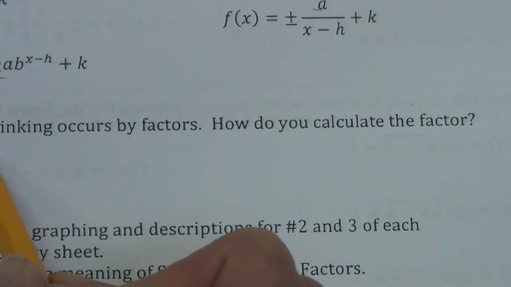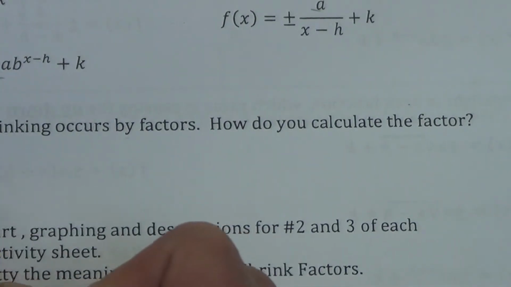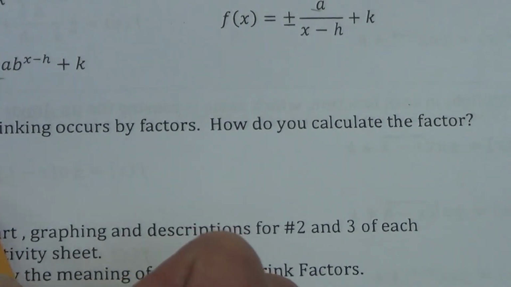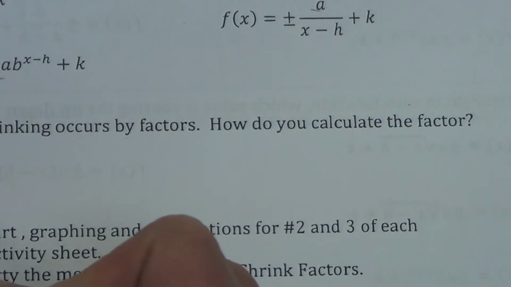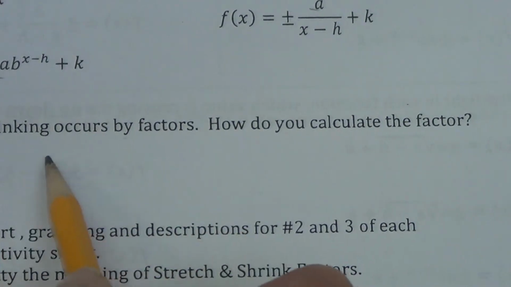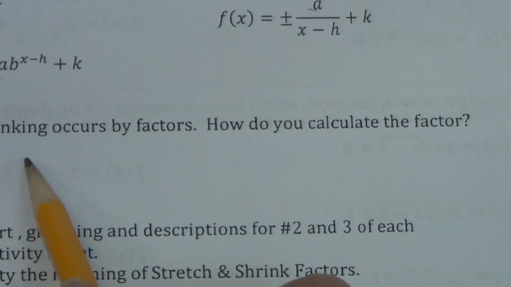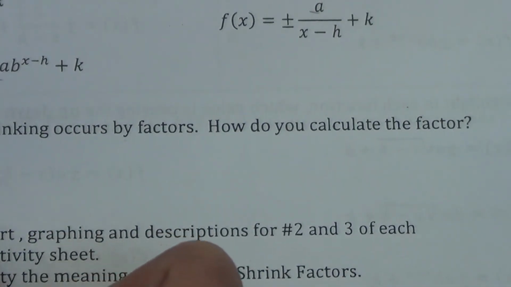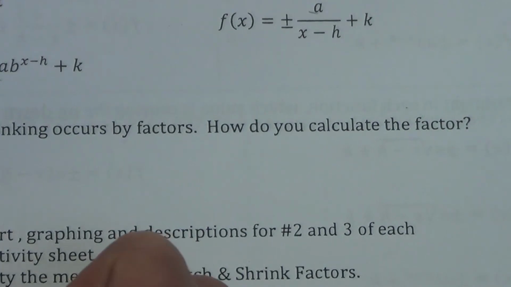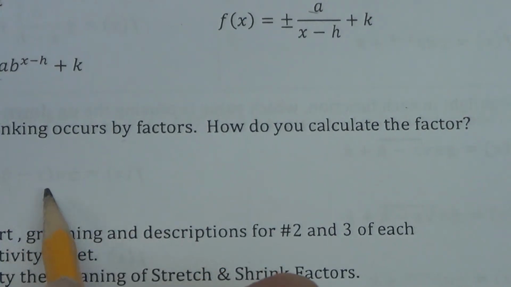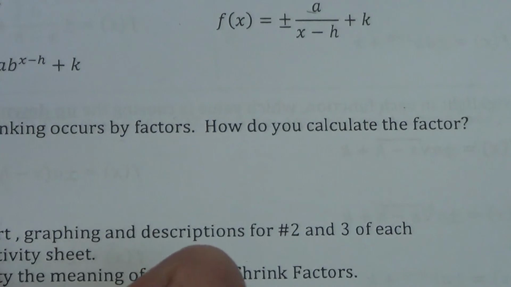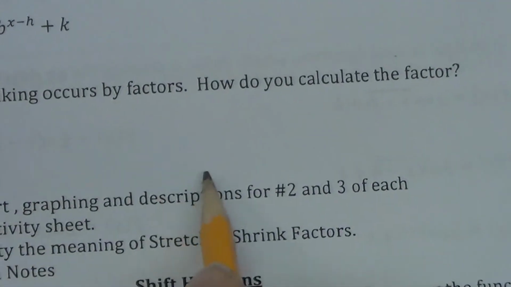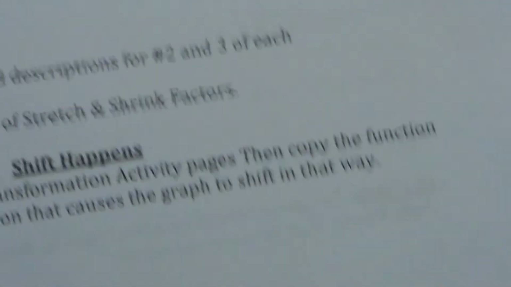When a is a fraction and the absolute value is greater than 0 but less than 1, it either stretches or shrinks it. Tell me which it is. And then when a is greater than 1, it does the other one. So if you could tell me when the absolute value of a is greater than 1, which it does. Thank you very much.